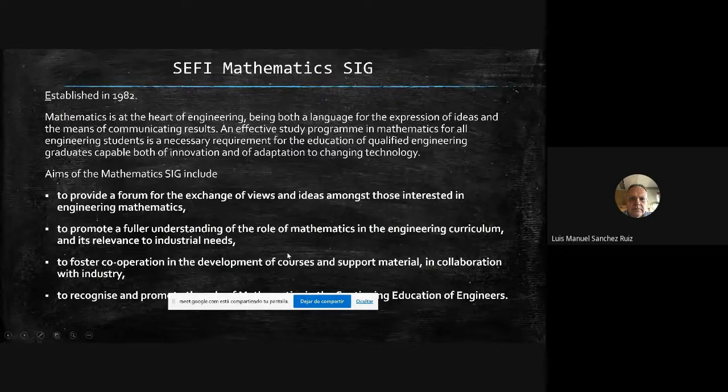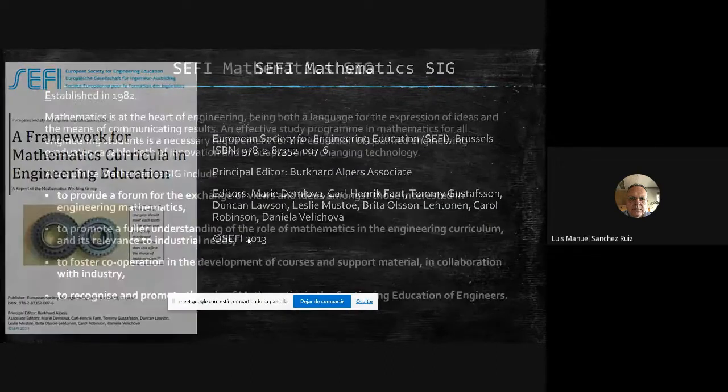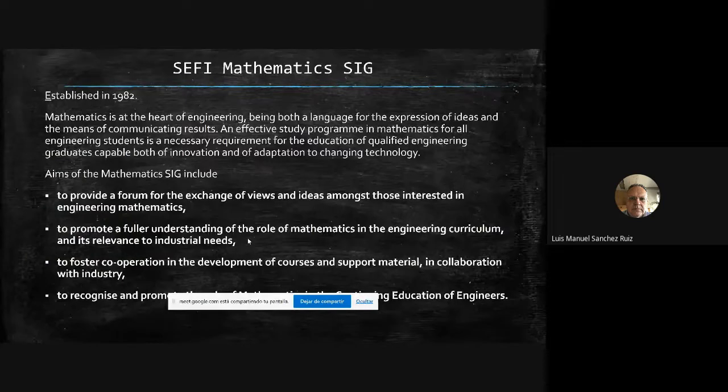That's very important, because sometimes even colleagues who also lecture in engineering degrees are not so appreciative of the role and importance of mathematics. We also aim to foster cooperation in the development of courses and support material in collaboration with industry, and to promote and recognize the importance of engineering education.